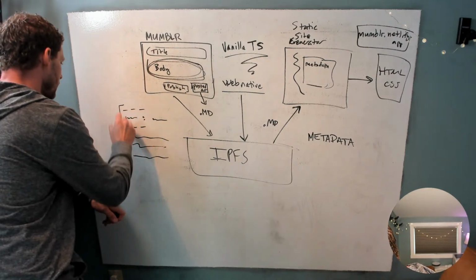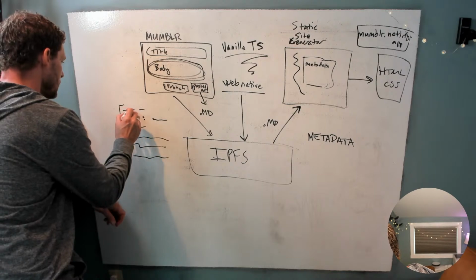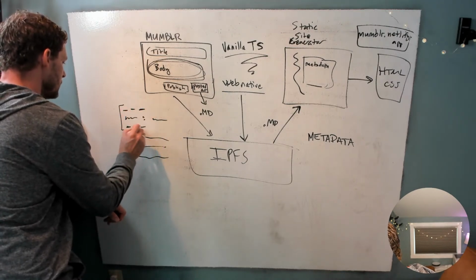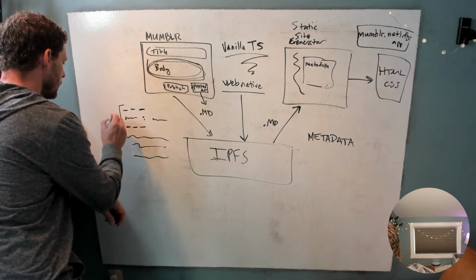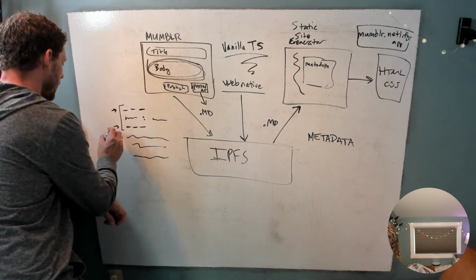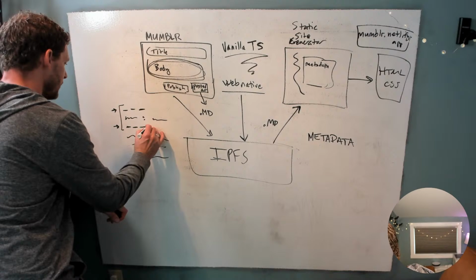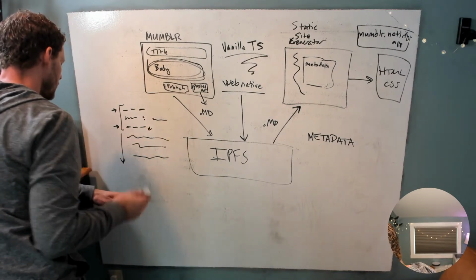Whenever there's front matter, we expect there to be 2 dash dash dashes, the first one and the second one, at the beginning of the line. And then we want to take everything after this, basically all the rest of the stuff.